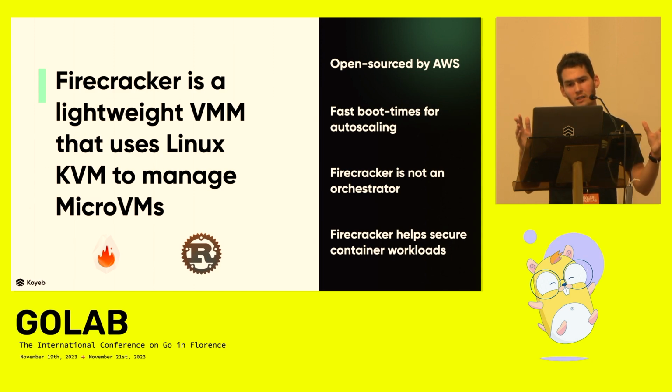But it's actually a slimmed-down version to make it more performant and have a lower surface of attack. So it's not doing orchestration, it's really purely the virtualization, and it's actually written in Rust.